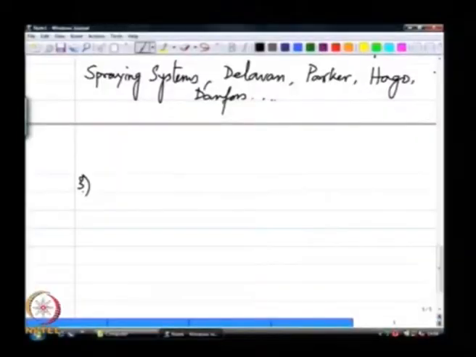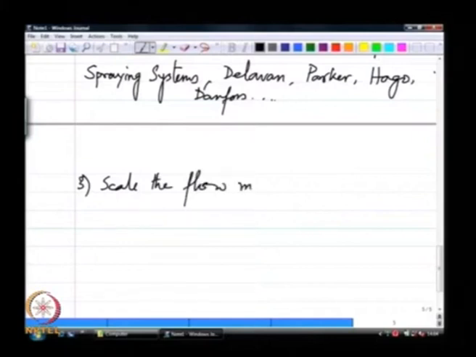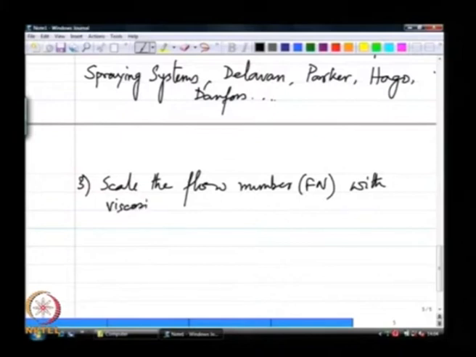but before you can go to the catalog, what you need is to scale the flow number with liquid viscosity.